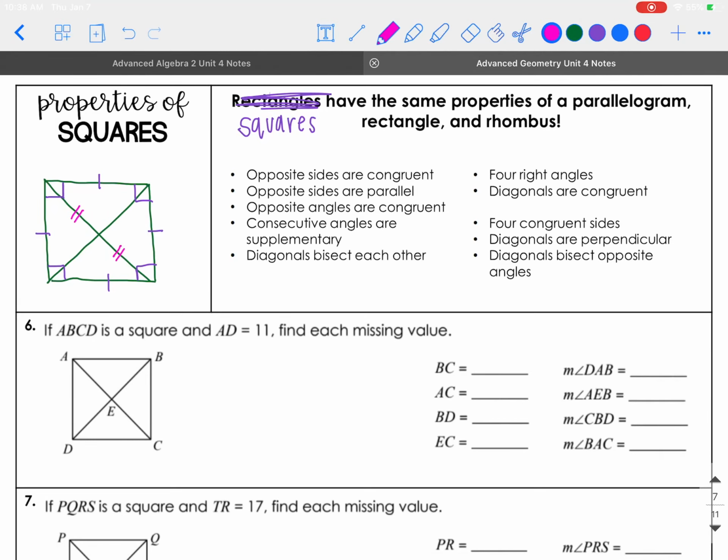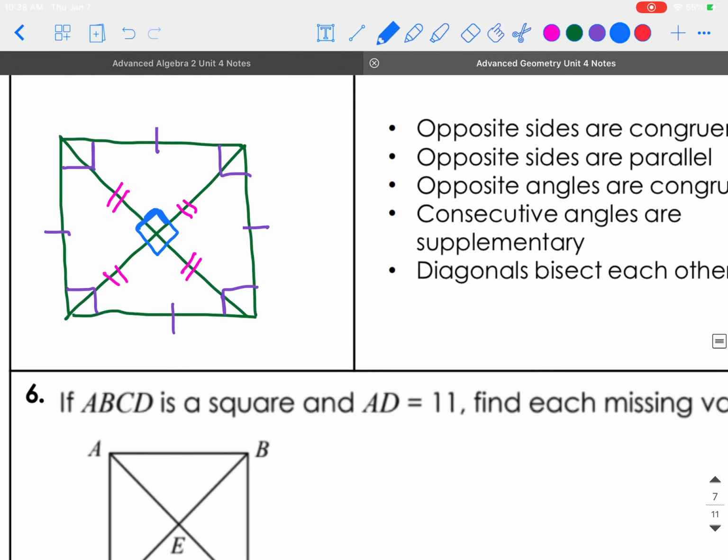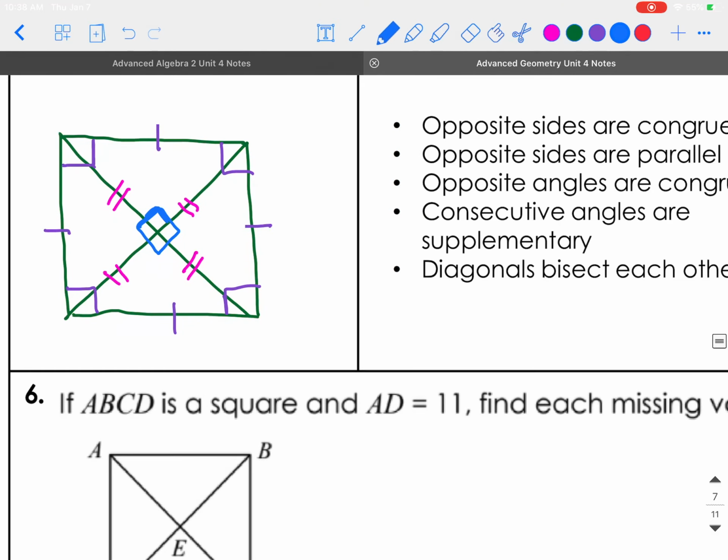Now these diagonals, all four of these little pieces are the same. These are 90 degrees. And then the big one is that each of these angles are 45 degrees, because we know that they started out as 90 and the diagonal cuts them in half.